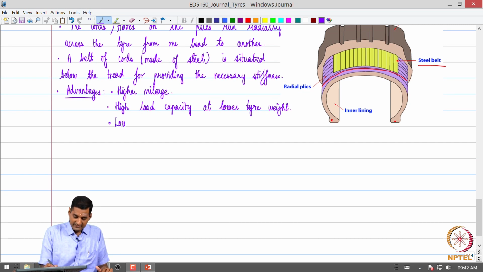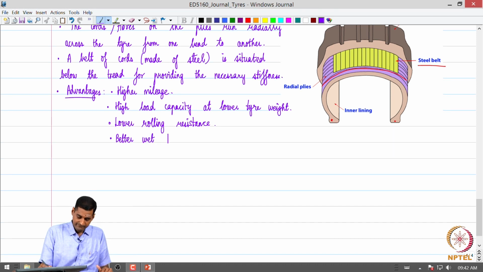Radial tires have a lower rolling resistance, and they also give better wet braking behavior. They have flexible side walls, which imply a softer, better ride.